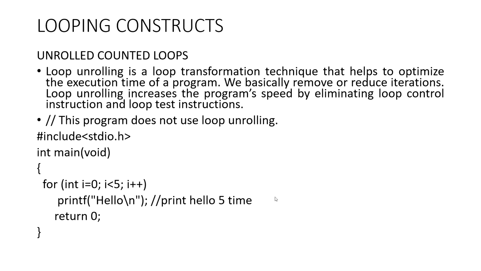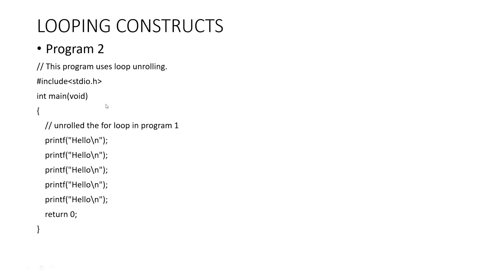To reduce that, we have one more program over here. We have eliminated the for loop, and we have just written the header file, int main, and then we have written print 5 times. The main aim of writing print 5 times is that we are eliminating the program counter, or the program, having to look into the value of I every time.